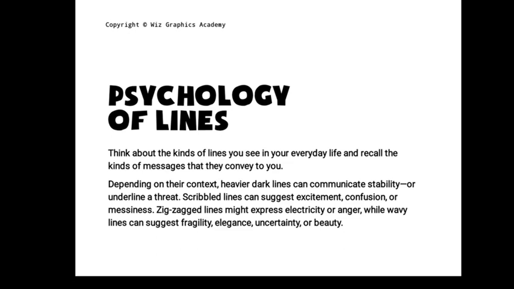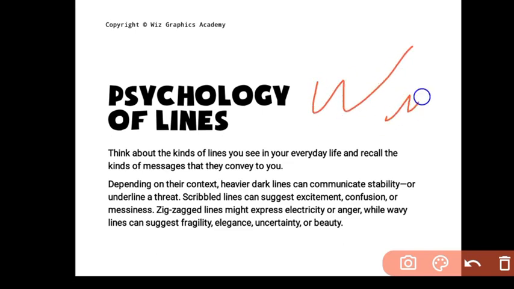When you see a very thick line, it communicates that it is stable and strong. Scribble lines convey excitement. And if you see zigzag lines, they convey electricity or anger.